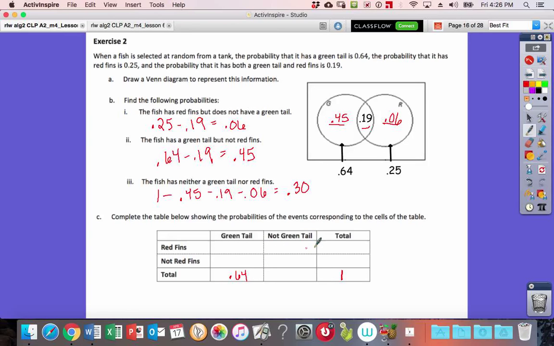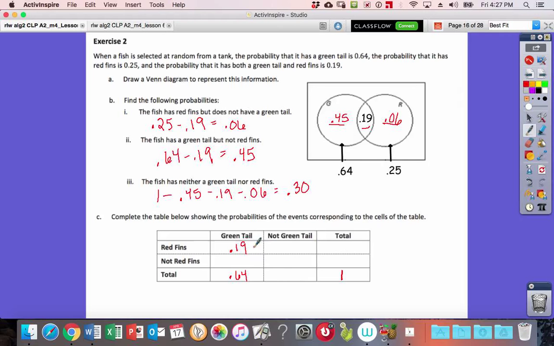Red tails. The total of all the red tails would have to be, let's see, let me see where I got this. Oh, I'm looking on the wrong page. Okay, so I know the green tails, if they're both, they have a green tail and red fins, we know it's the 0.19.